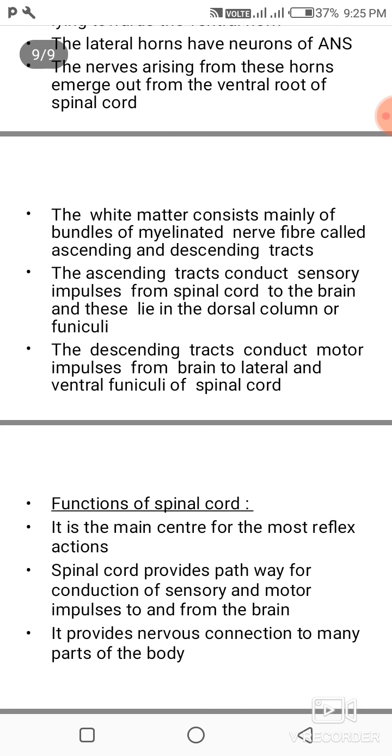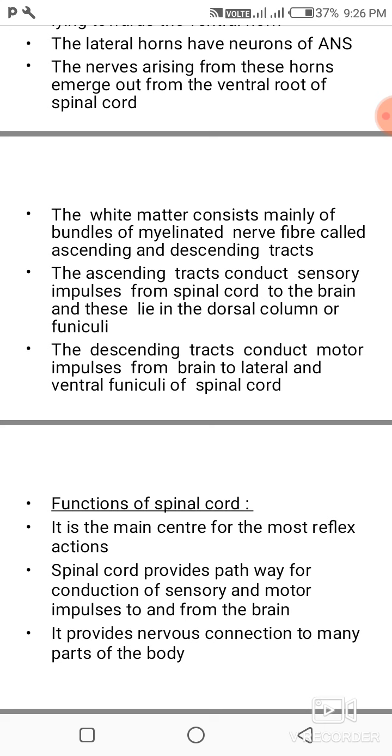What are the functions of spinal cord? The main function of spinal cord is that it is a center for controlling reflex actions. It is the main center for most of the reflexes. Spinal cord also acts as a pathway for the conduction of impulses from the lower part of the body to the higher regions of the brain, as well as from higher regions of the brain to the lower part of the body.